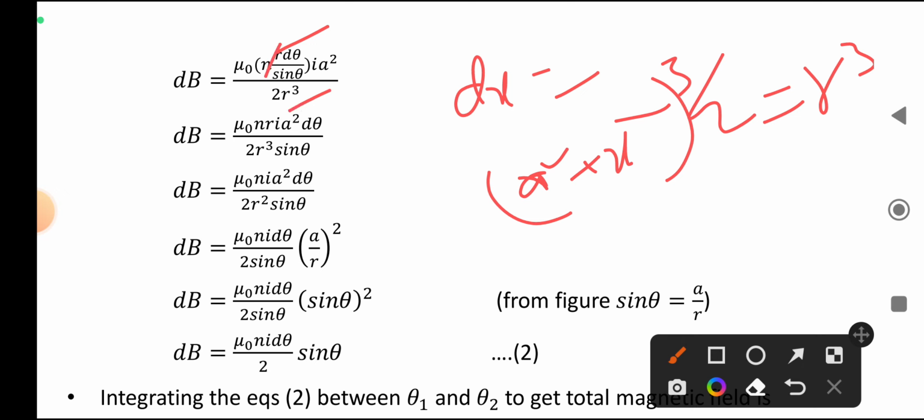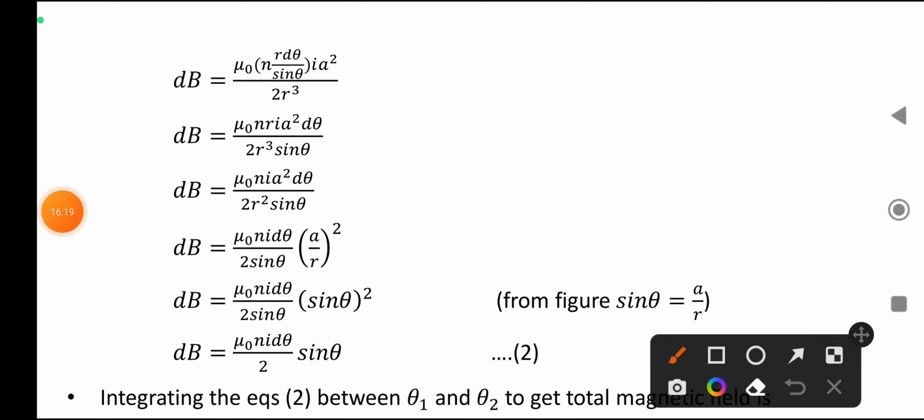So r is there and r cube is there, so it is cancelled now. Sin theta is written in the denominator. Now cancel it. R cube becomes r square, and the remaining things are the same.